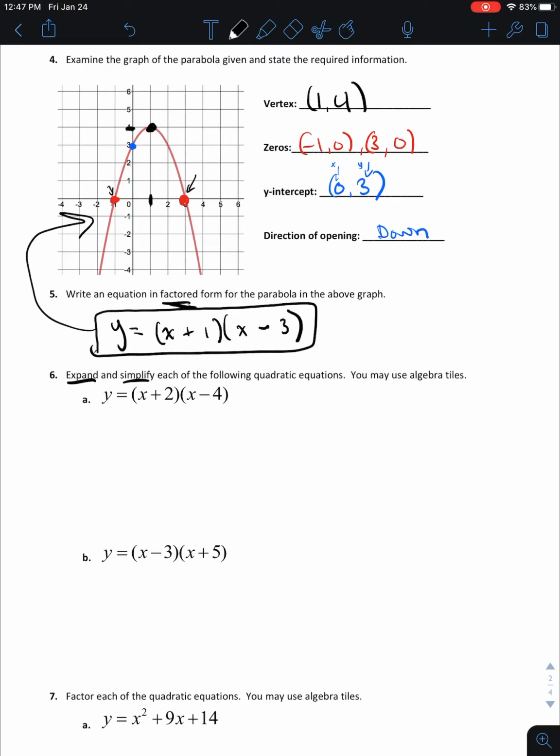And for number 6, this one says expand and simplify. Okay, so this is the exact opposite of factoring. It's a way to check your answer, as you saw in one of the other videos from booklet 2. I did one of these questions, and basically this is the table method, right?